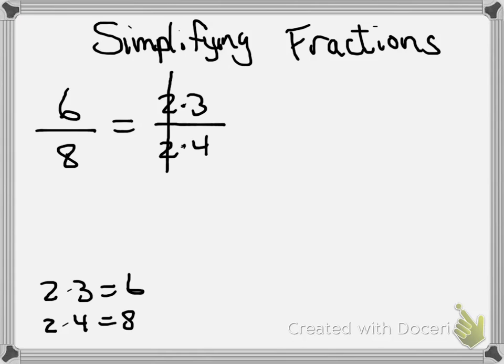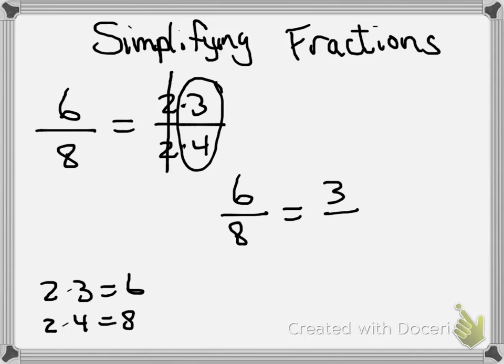Well, they each have a 2 in the numerator and the denominator. There's a pair of them. We can cancel them out, and what we have left is 3/4. So 6/8 takes up the same amount of space, or ultimately has the same value as 3/4.